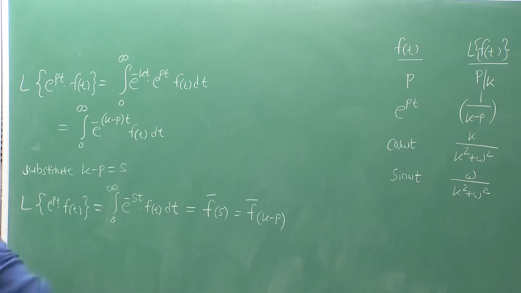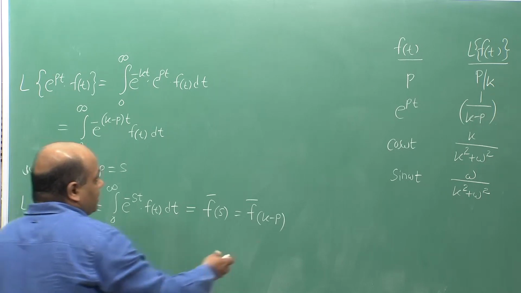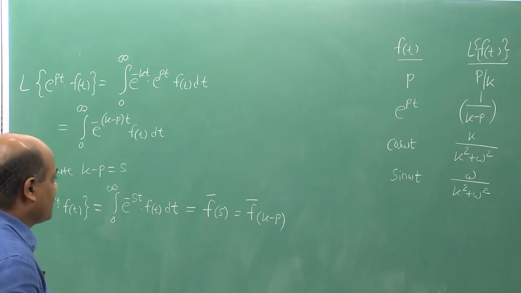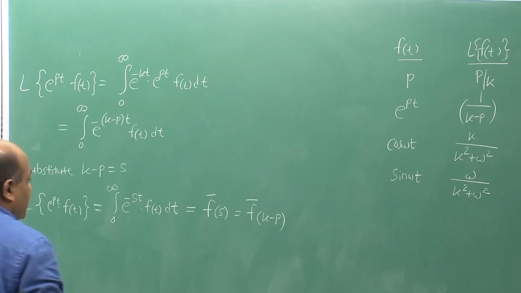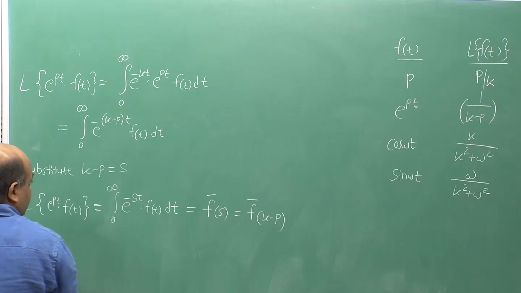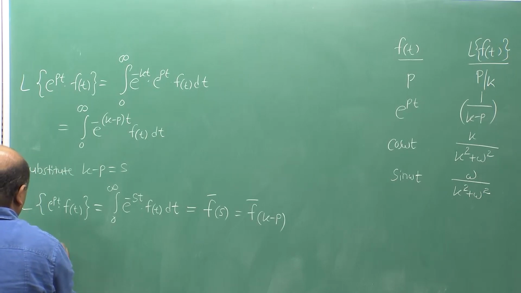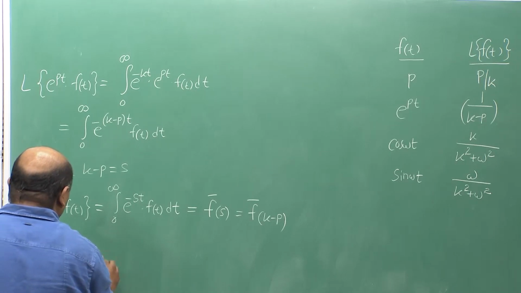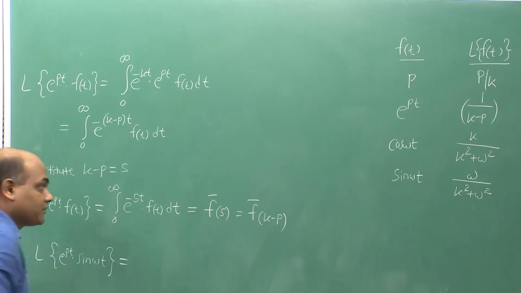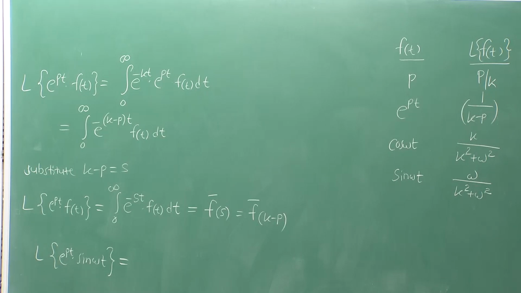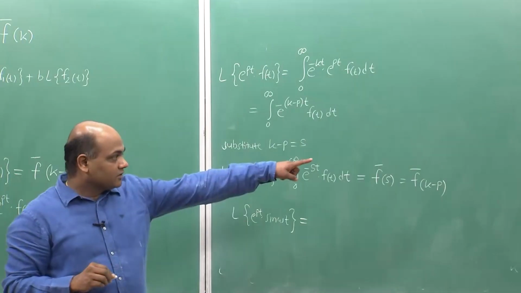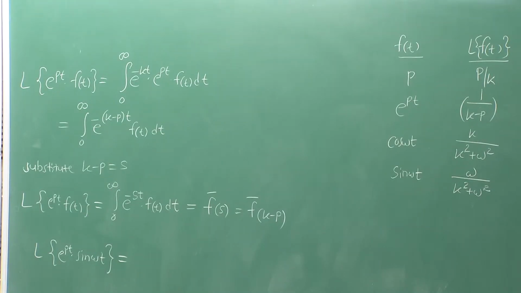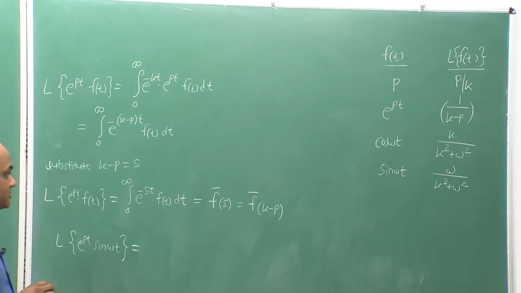So, for example, if you consider any function from here, let us say sin omega t, then the Laplace transform of e to power p t times sin omega t should be, looking at that table, you have to substitute k with k minus p.